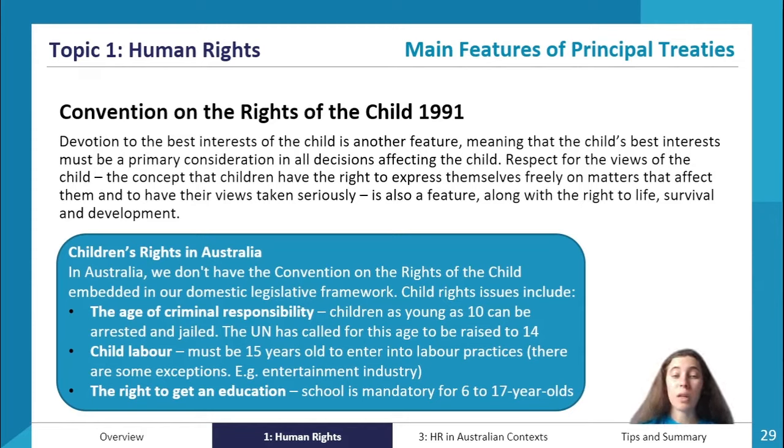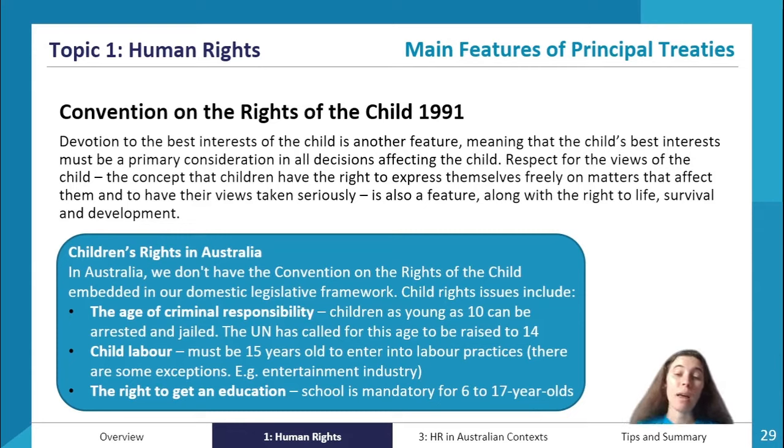Another aspect is child labour. So you must be 15 years old to enter into labour practices. There are some exceptions to this, like in the entertainment industry, you might be doing work there with acting or things like that and be below 15, but that's a general rule. And the right to get an education as well.